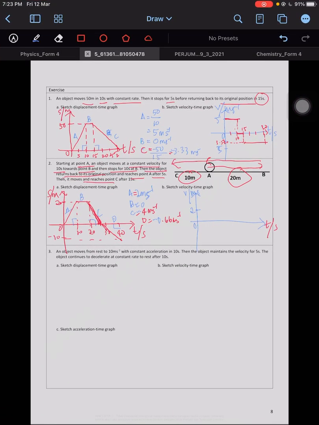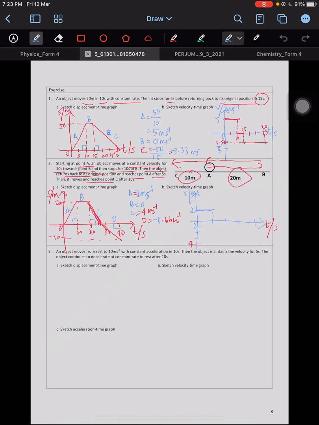You have 4, then you have 3, 2, 1. Okay, then now you see, first 20, 10, 20, 30 and 40. So what you need to do, at first you have this.